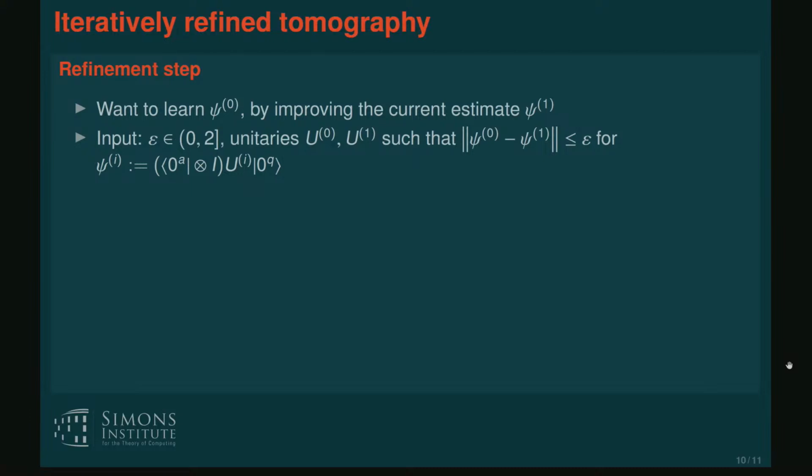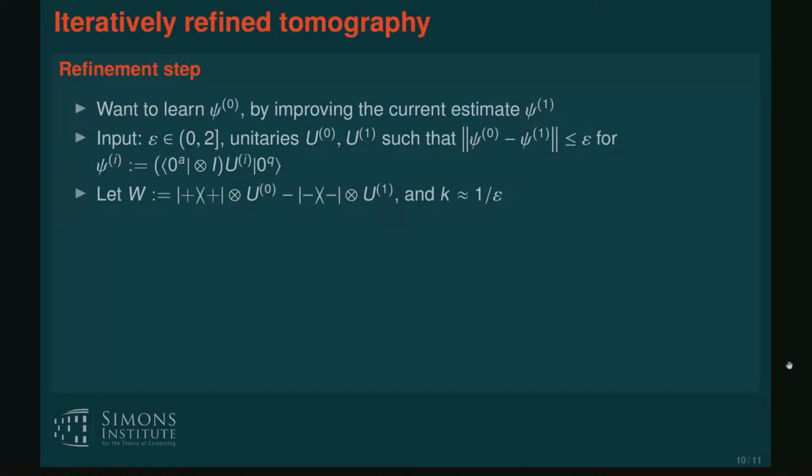And we are promised that, sorry, not the target precision. Epsilon is our current precision. We know that our estimate is at most epsilon far from the ground truth. And we have some state preparation unitaries for the ground truth and our current estimate. One is a black box, one is our own construction.